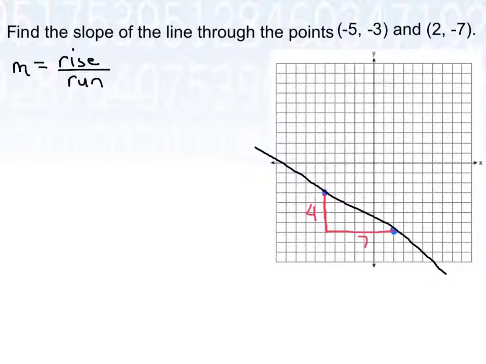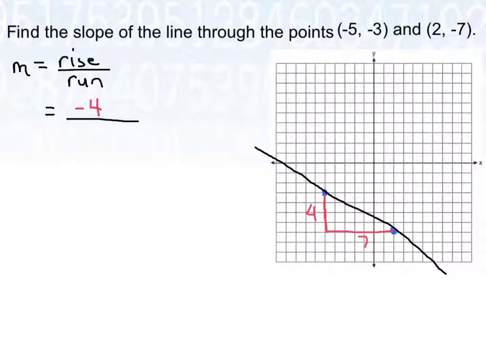Now, when we actually write the slope, we want to keep in mind that the direction you moved to get from one point to the other will matter with what sign you put on these numbers. We moved downwards for the 4, so that indicates we will have a -4 in the numerator for our rise.